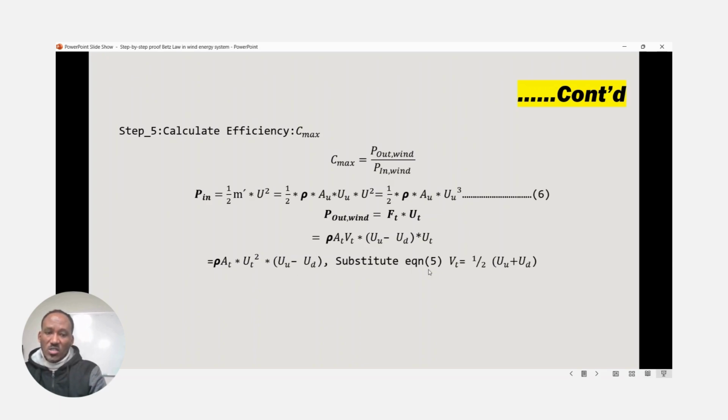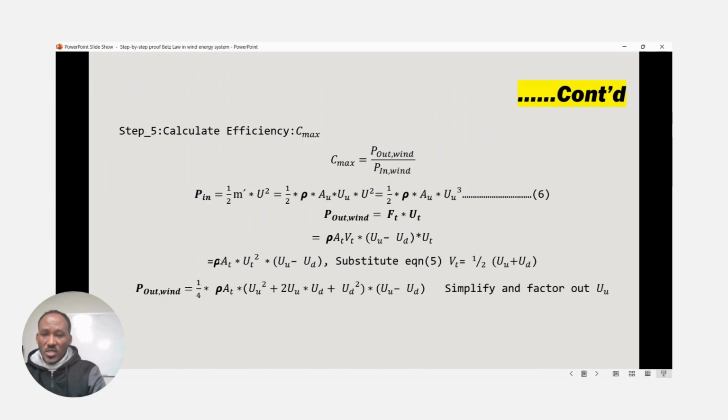But from equation 5 for U_T, we know that the velocity of the turbine is 1 over 2 times U_U plus U_D. Substitute this equation in here, so 1 over 2 squared is 1 over 4.